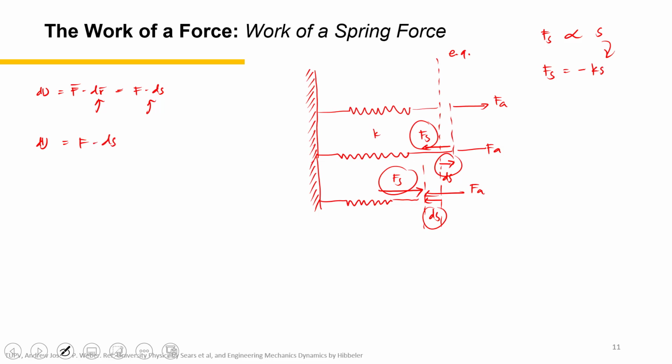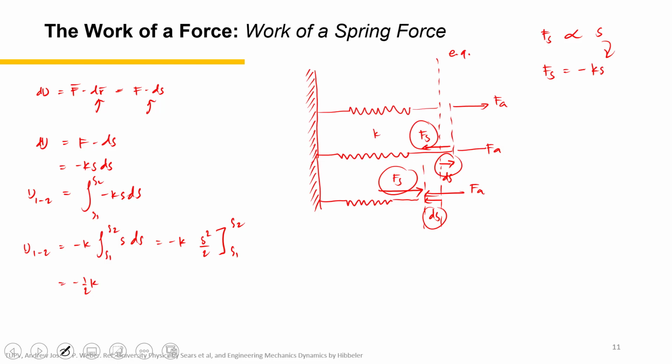This would be F ds, and since our F is equal to negative Ks, the work of a spring force from point 1 to point 2 is the integral from S1 to S2 of negative Ks ds, or negative K times the integral of S ds, or negative K S squared over 2 from S1 to S2, or negative 1/2 K times (S2 squared minus S1 squared).